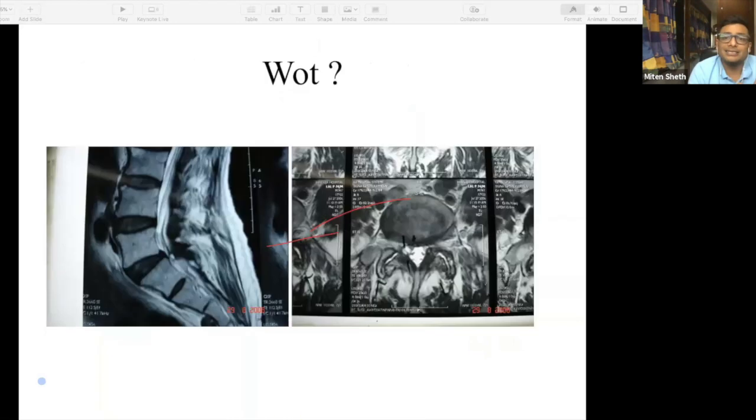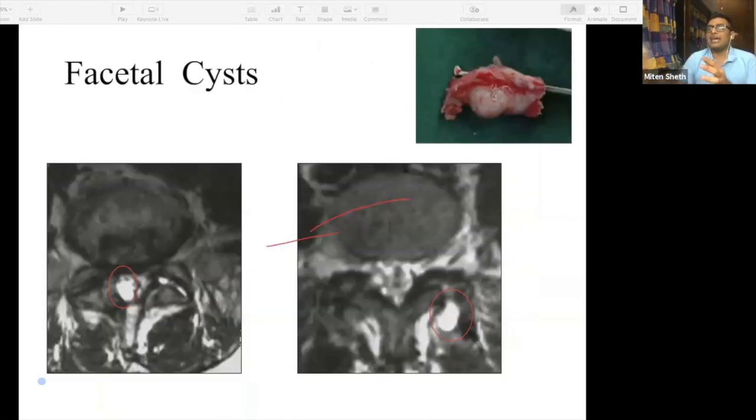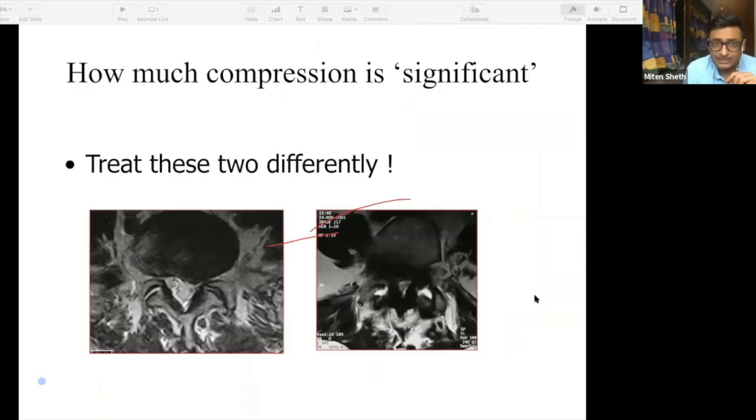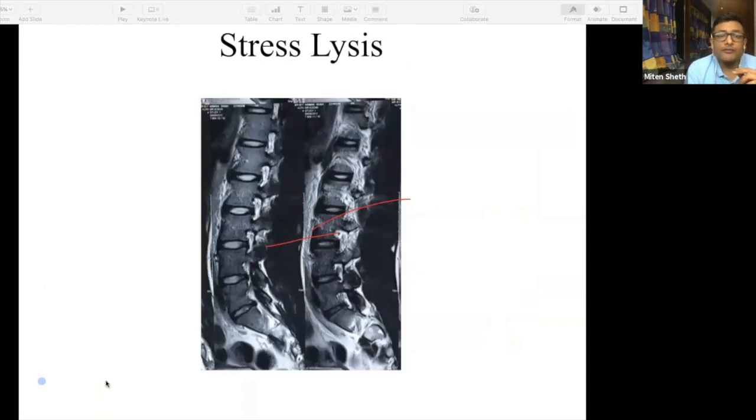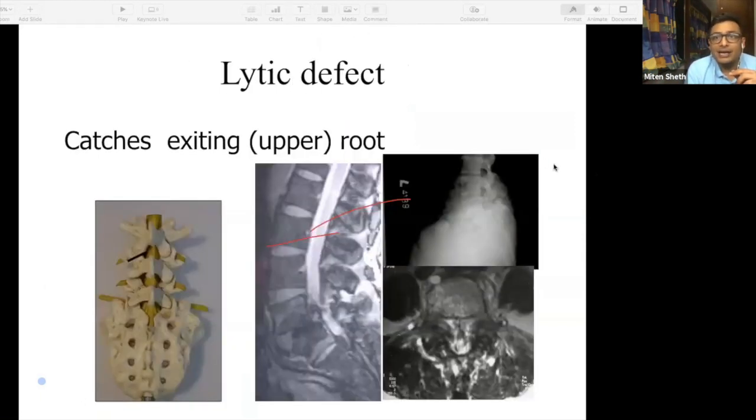That listhesis is not lytic, because what has happened is that the entire spine along with your posterior elements is shifted in front, so there is no central canal. Why it is important is because a patient with degenerative listhesis has a clear risk of developing neurological deficits. Understood? So that is how you differentiate between a lytic and a degenerative listhesis.